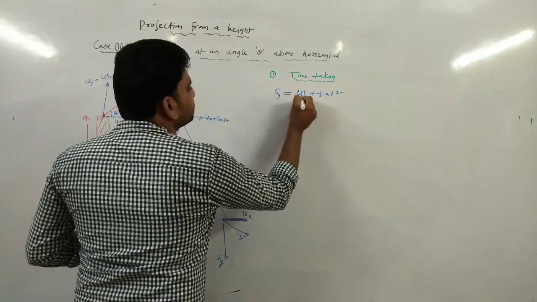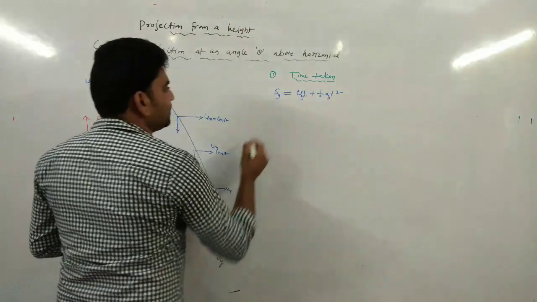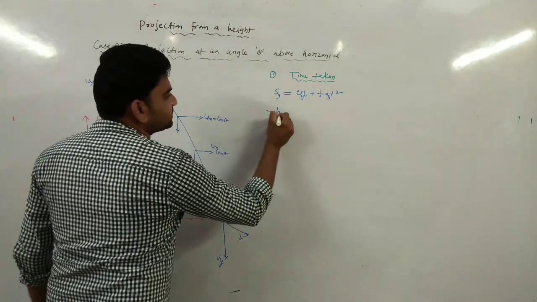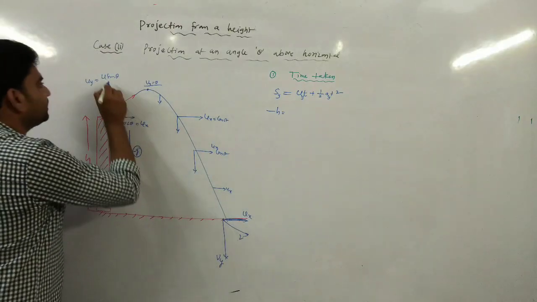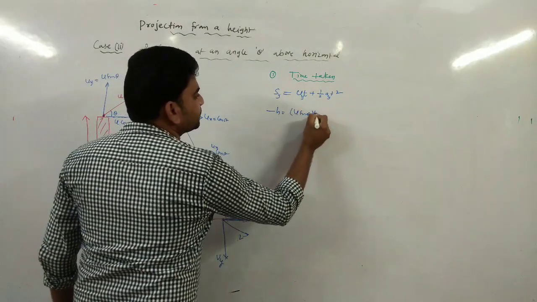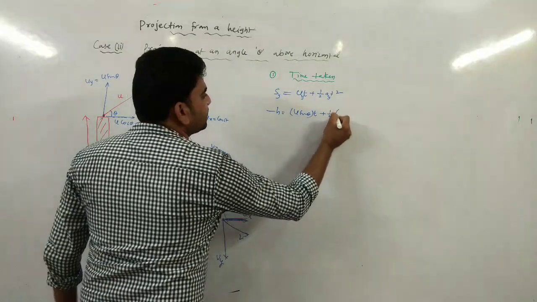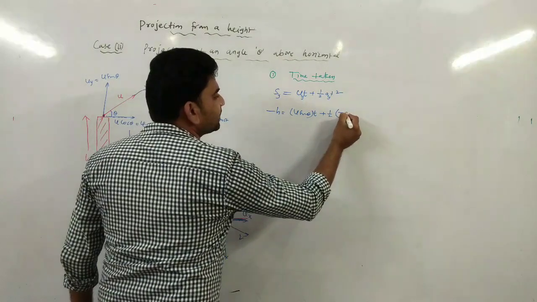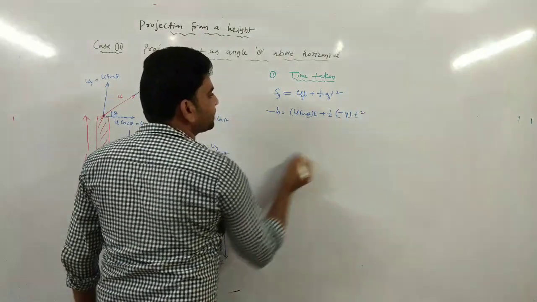It becomes sy equals uy t plus half ay t square. My sy becomes what here? Minus h. Minus h is equal to uy, which is nothing but u sin theta, into t, plus half into ay, which is nothing but minus g, because acceleration in the downward direction is minus g, into t square.